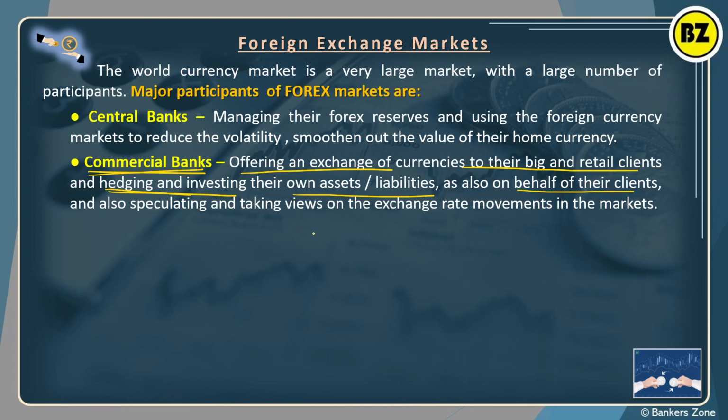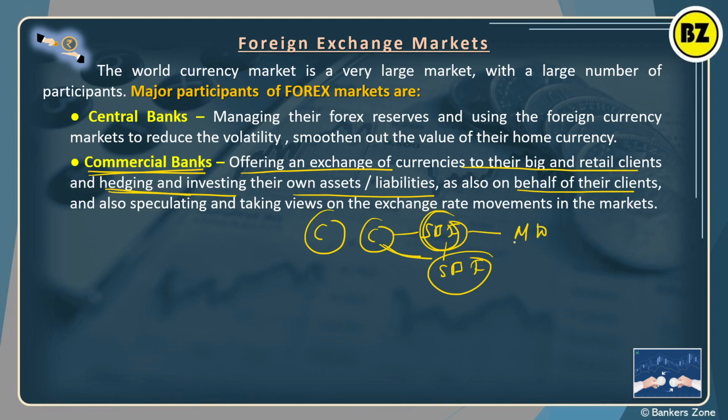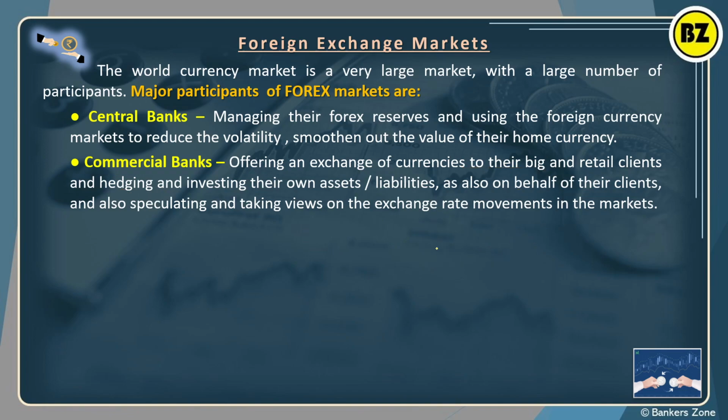Whatever customer comes to, say, SBI, SBI will invest their fund into their own asset, say SBI Life Insurance. They will offer some product there. Otherwise, they can act as an agent for investment in different companies, say Motilal Oswal. So there are different commercial banks that offer exchange rates of currency to their clients.